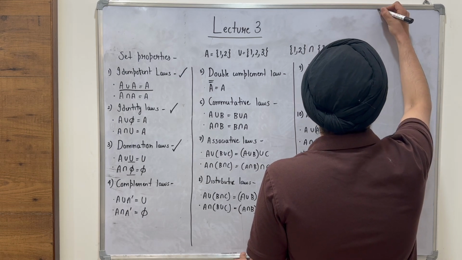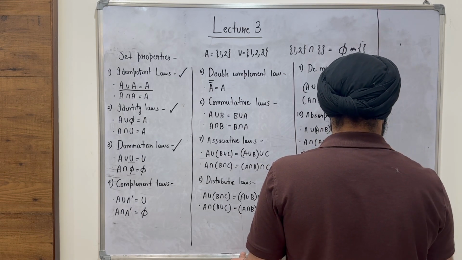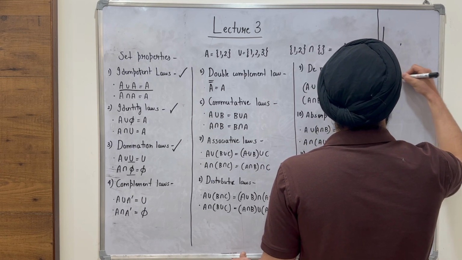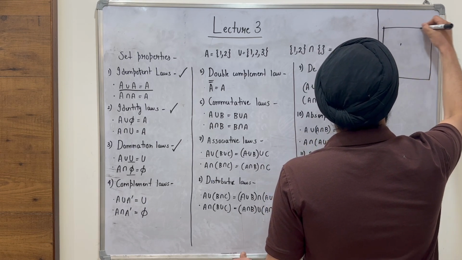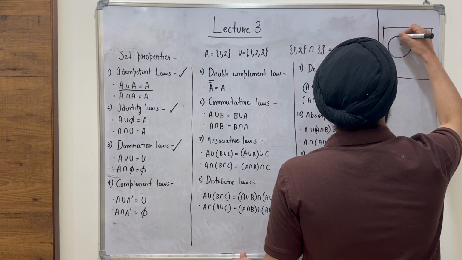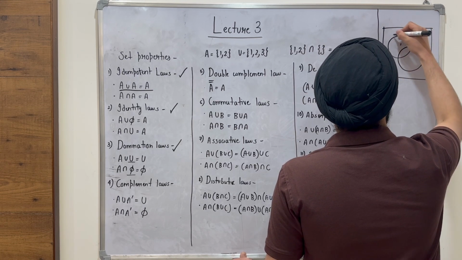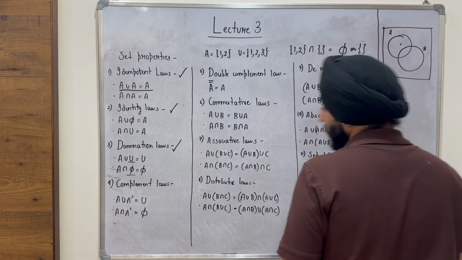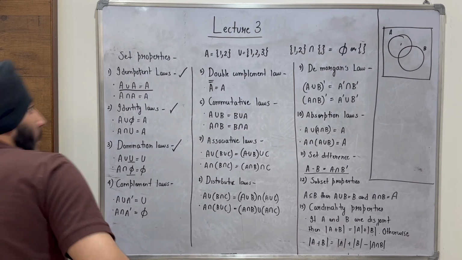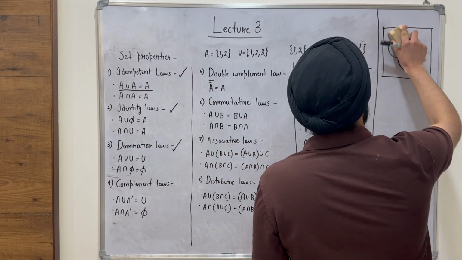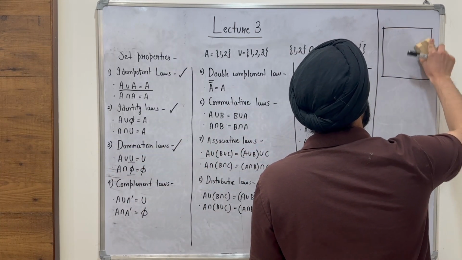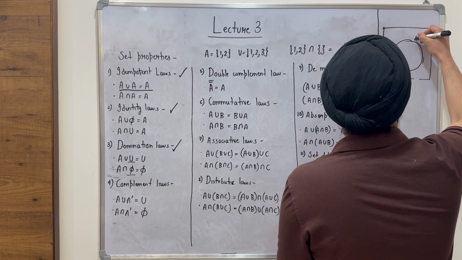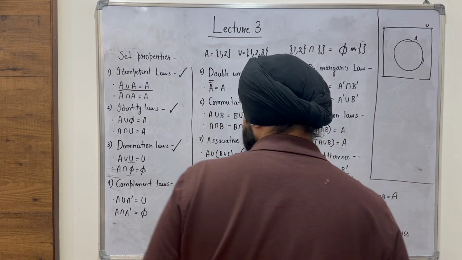Let's say I have this Venn diagram. Let's say this is A and this is the universal set.